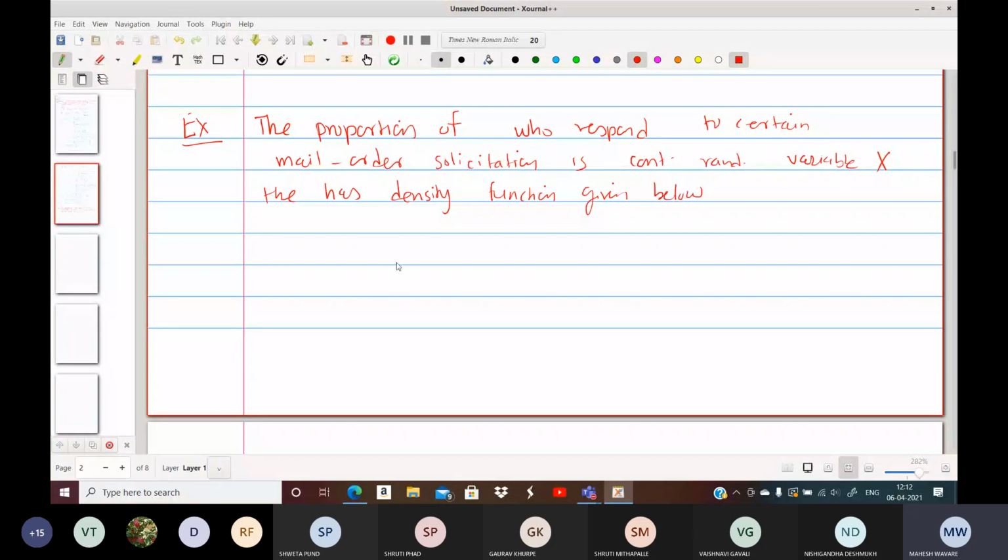That is, f of x is 2 multiplied by x plus 2 upon 5, and elsewhere it is 0. Okay, this is the range of x, and elsewhere the value is this.